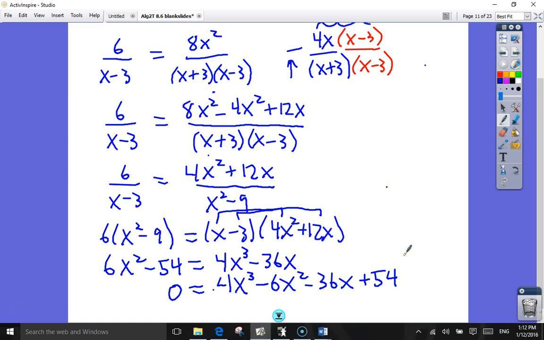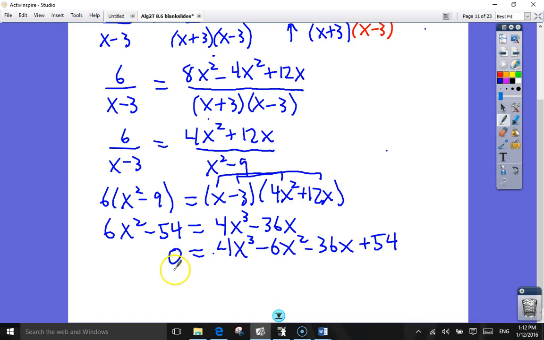But it could be made even easier, like Gabe said, if I divide out a 2. And I'll just divide it out. 2x squared minus, no, cubed. I'm doing terrible here. 2x to the third minus 3x squared minus 18x and plus 27.